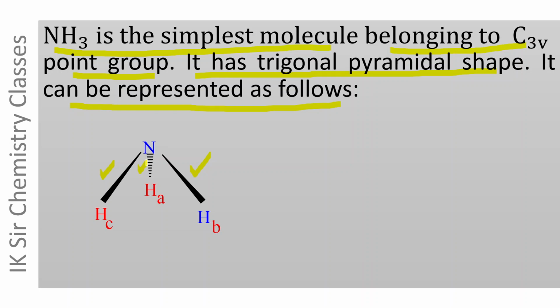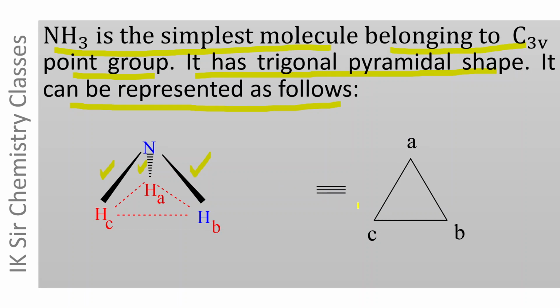In actual practice, three hydrogen atoms Ha, Hb and Hc are present at the corners of an equilateral triangle and nitrogen atom is centrally above this triangle. NH3 molecule can be represented by an equilateral triangle ABC.